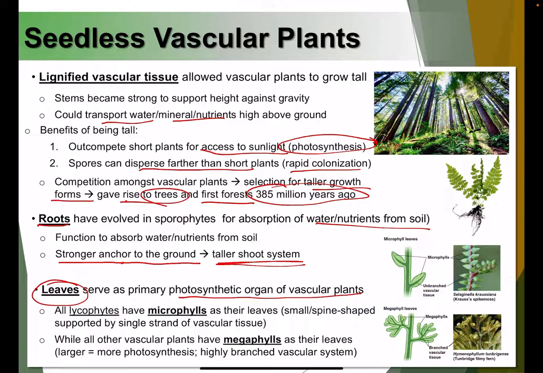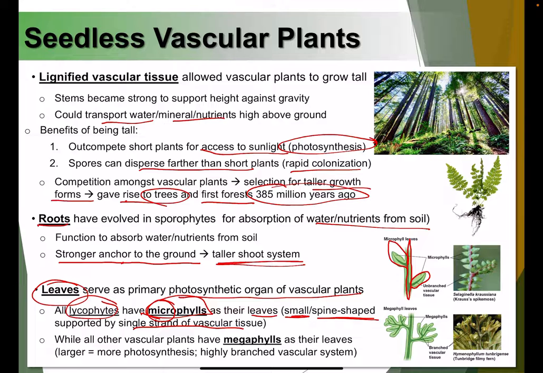So all lycophytes have what's called microphylls, and microphylls are leaves that are usually small and sometimes spine-shaped, and they're only supported by a single strand of vascular tissue. So here's a single strand of vascular tissue, small microphyll here, small microphyll here. An easy way to remember, micro means smaller, so these mean smaller leaves.